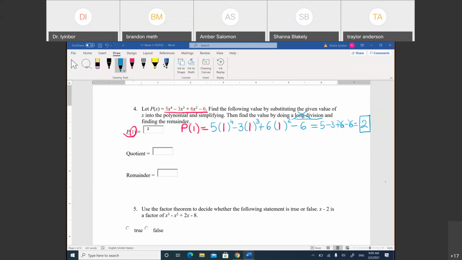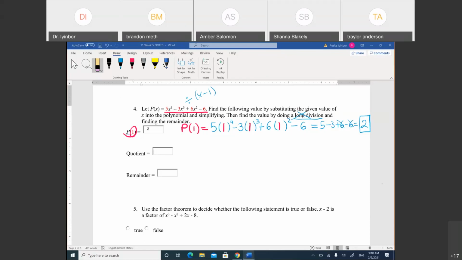What you have is, they're technically asking divide by x minus 1. How do I know that? Because they give me this 1. So P of 1 tells me that I'm dividing by x minus 1. Okay? So what you're going to do to find the quotient and the remainder, you're going to do the synthetic division the same way.